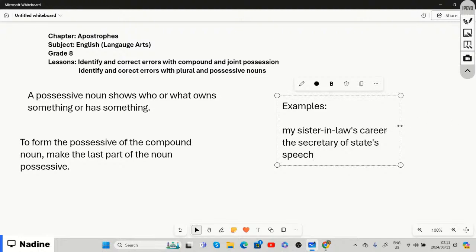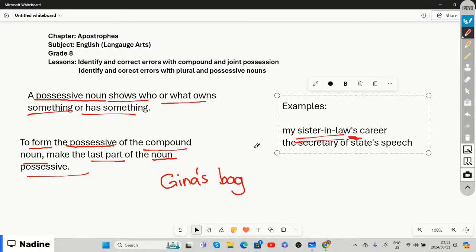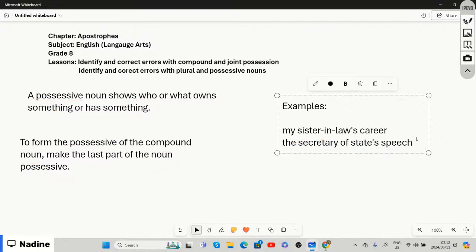If the Secretary of State were to make a speech, we say the Secretary of State's speech, because now it shows us that the Secretary of State is making a speech. It is his or her speech. So we don't say the Secretary's speech, we say the Secretary of State's speech.